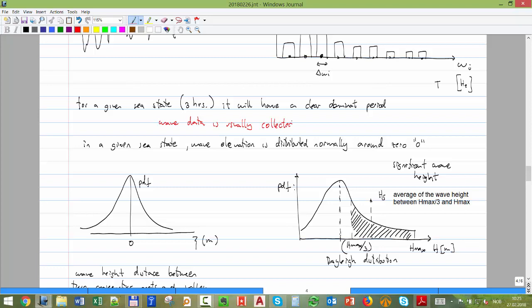There are different sources, but one of them is observations. People go on a ship and they observe and try to give their impression of, for example, the height of the wave. It's that simple. So these are not very precise.